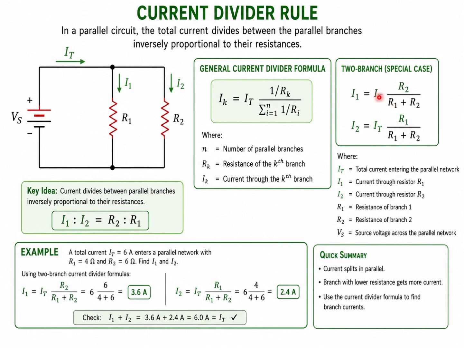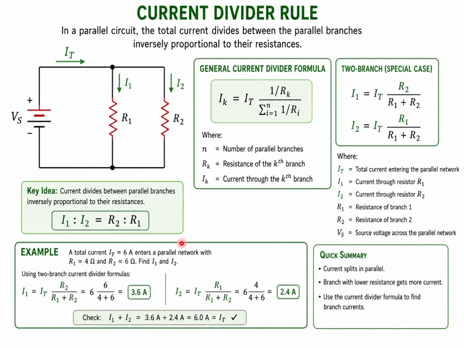I1 is going to be equal to I total, the total current, multiplied by R2 divided by R1 plus R2, and there we have it. Same for I2. I2 is going to be equal to I total multiplied by R1 divided by R1 plus R2.